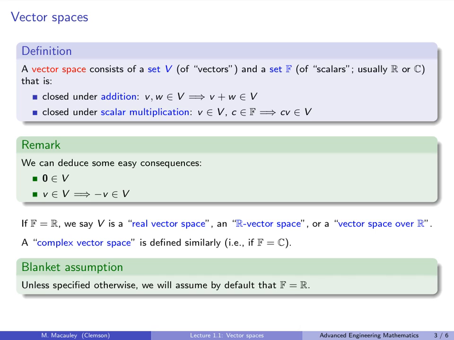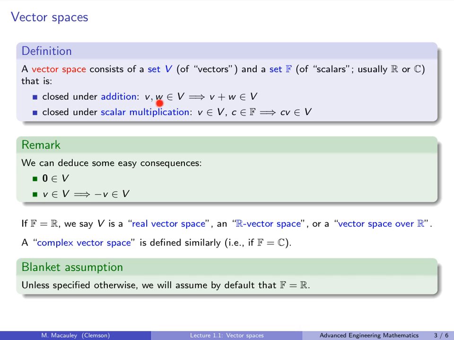A blanket assumption in this class is, unless specified otherwise, you can always assume that by default our field is the set of real numbers. There will be times when we do want to specify that it's the complex numbers, but it usually should be clear from the context.